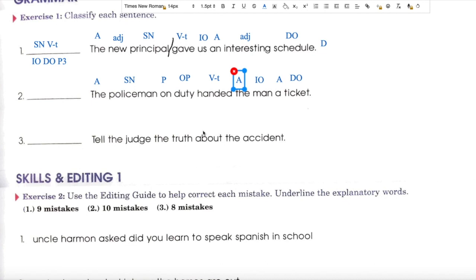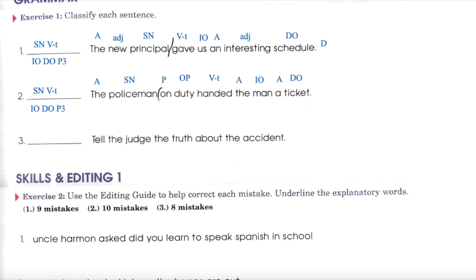The pattern is SNVT, indirect object, direct object, pattern 3. On duty is a prepositional phrase, so let's put in our parentheses. Period, statement, declarative sentence.